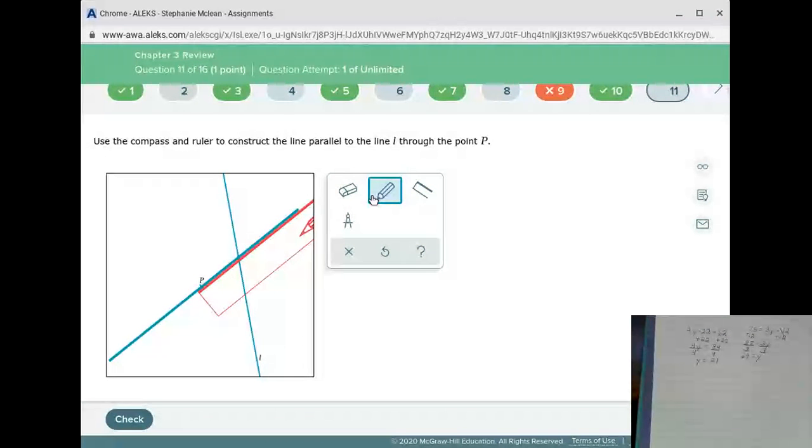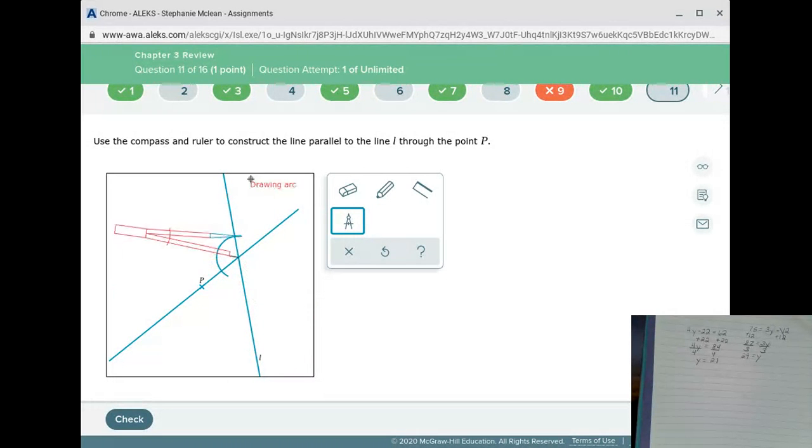I'm going to exaggerate it. I want it big. Then I'm going to take my compass and place it at the point where the two lines cross, and set it to a little bit less, or right around half the distance from P to that point where it crosses the line. Then I'm going to draw an arc all the way through both lines.